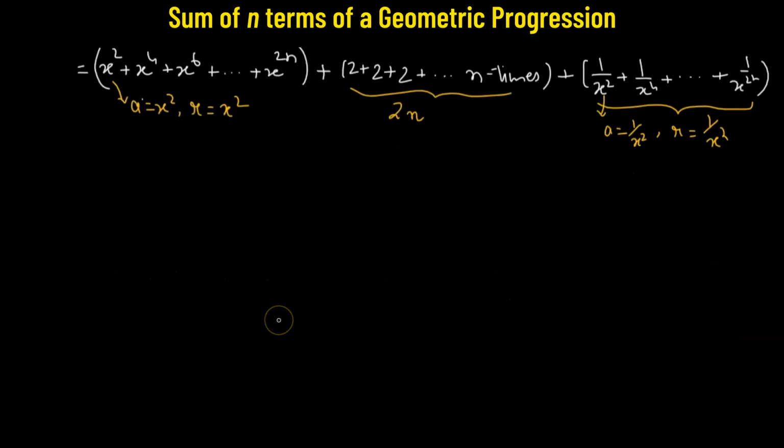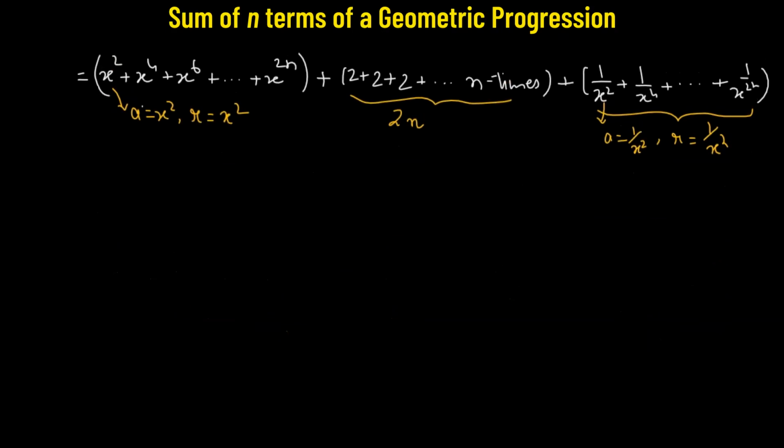Now that we have the first term as well as the common ratio, we can obtain the geometric series sum up to the n terms.